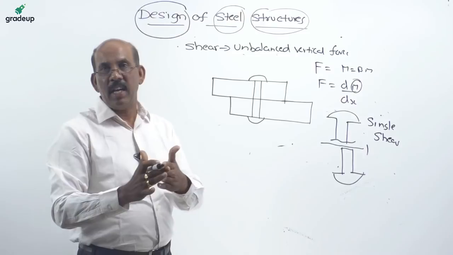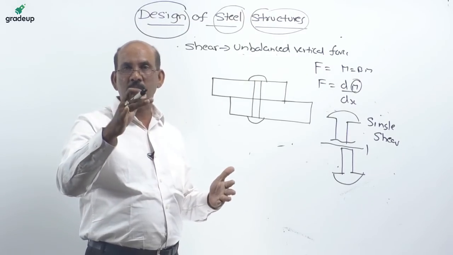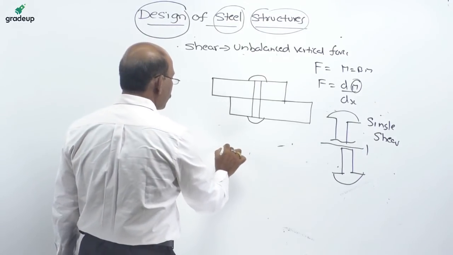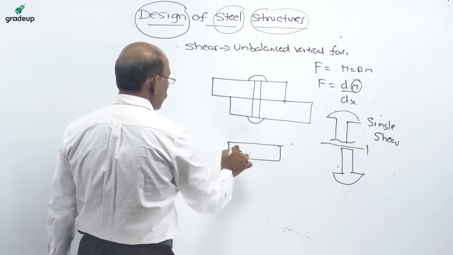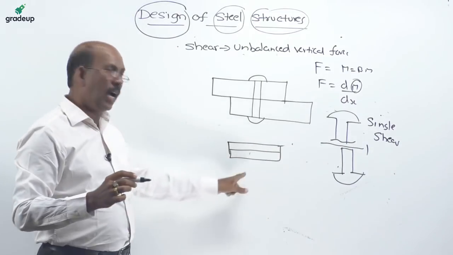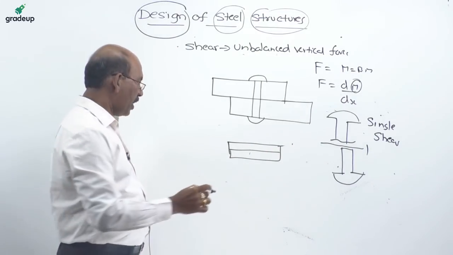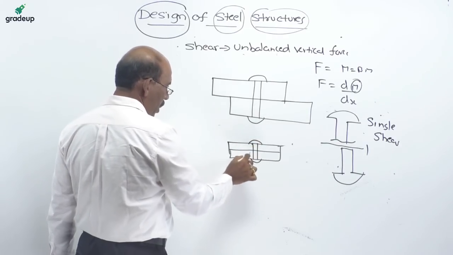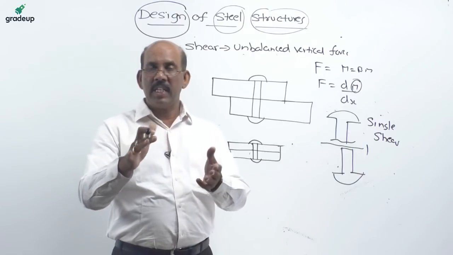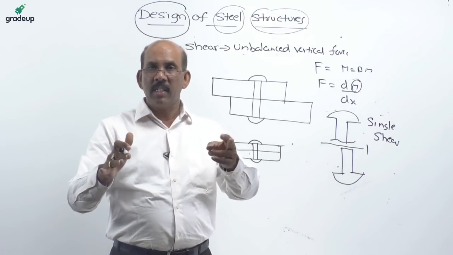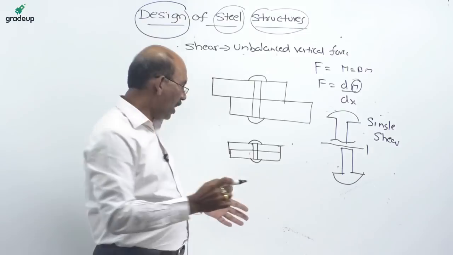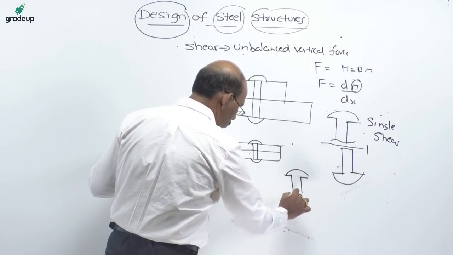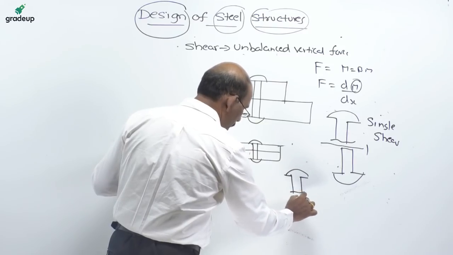Whereas if we take the rivet failure with reference to the double riveted double cover, suppose you have a connection like this, and the failure of the rivets is like this.